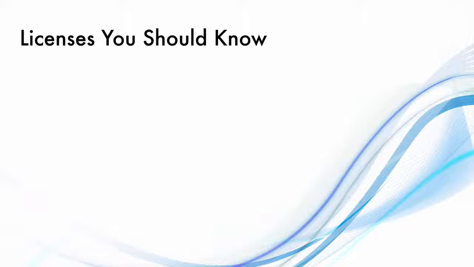Before you go out there and look for images, there are a few things that you should know about images and their licenses. This is very important so that you do not infringe on anybody's copyright.